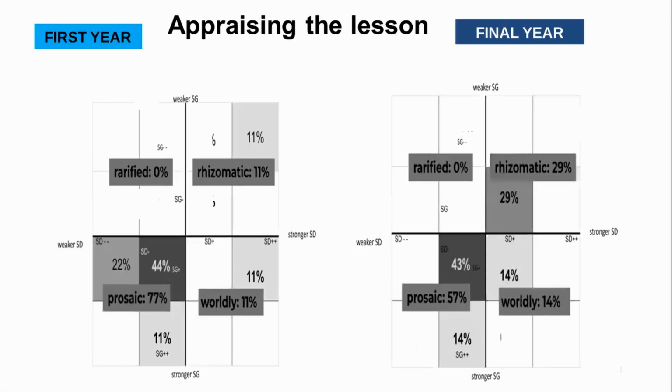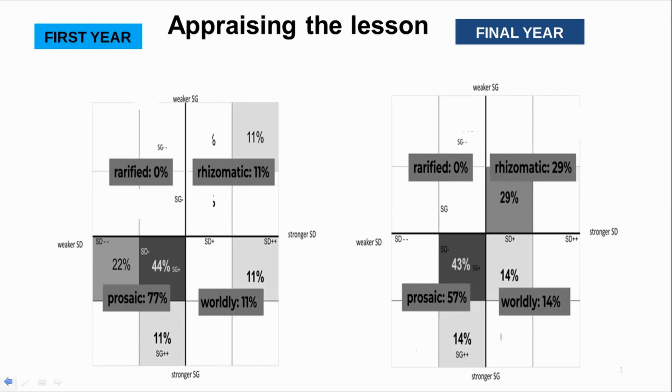All right. And interestingly, appraising the lesson, in terms of being able to see what worked and what didn't work and giving possibilities for improvement, was something that neither first nor final year students did a lot of. I think maybe 10% of their overall noticings fell into appraisals, which for me is very interesting as a teacher educator.